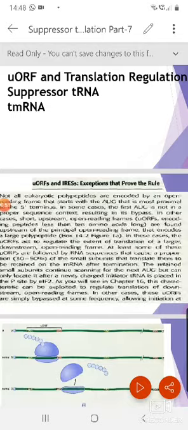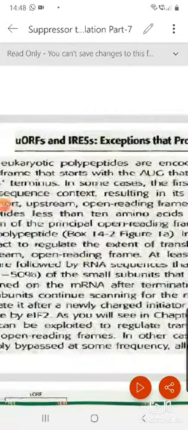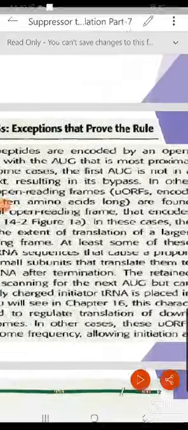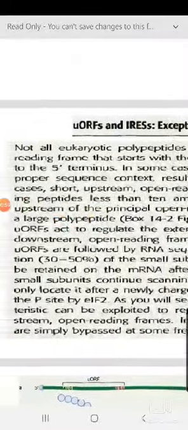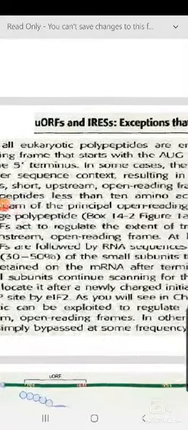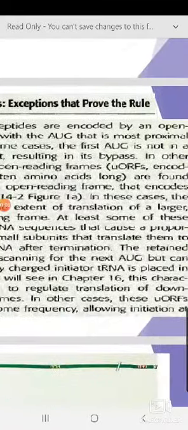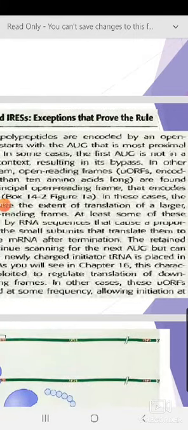In other words, some upstream open reading frames, named small u, or upstream ORFs, are present before the main open reading frame.